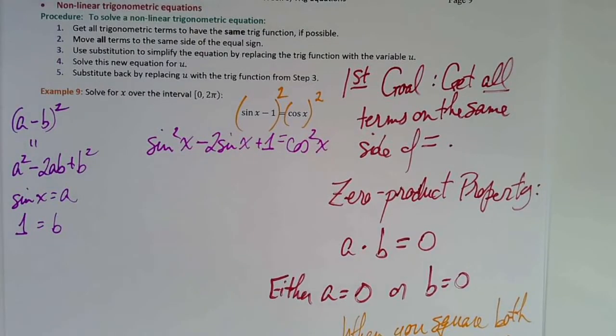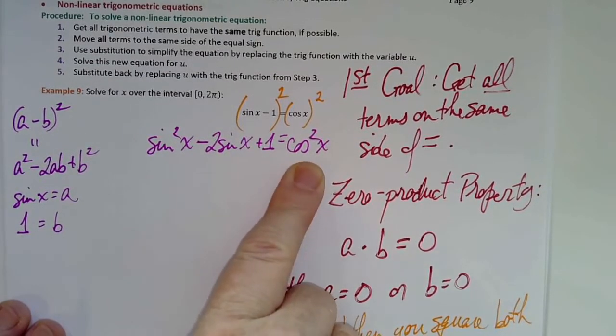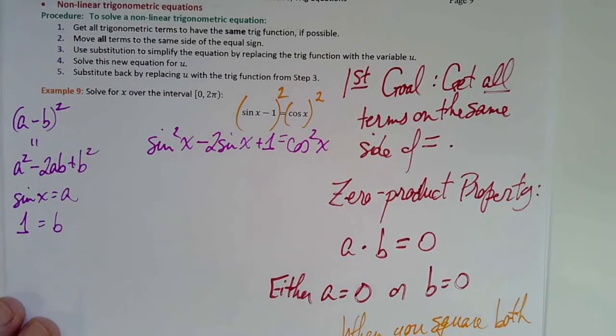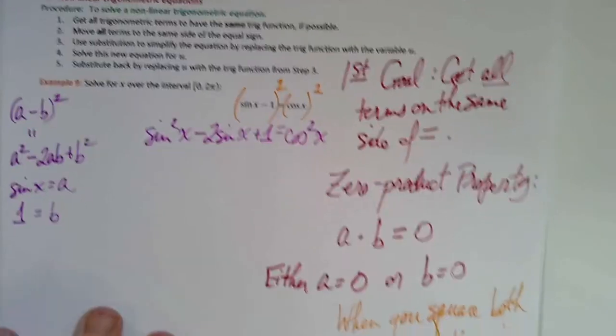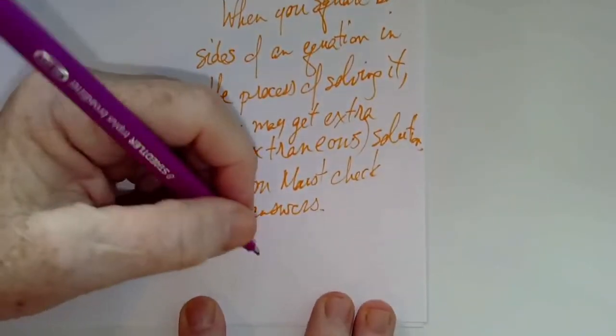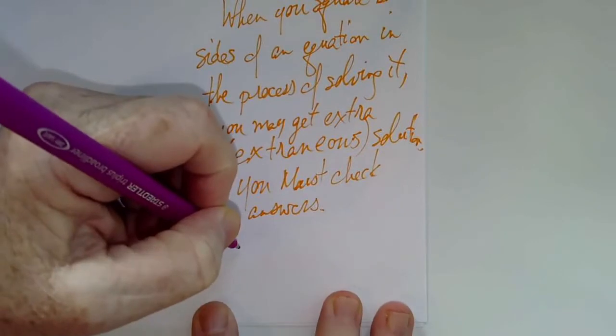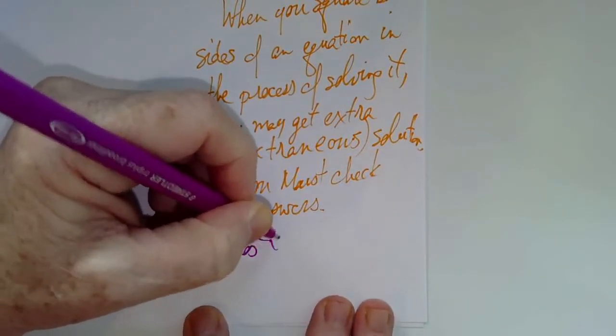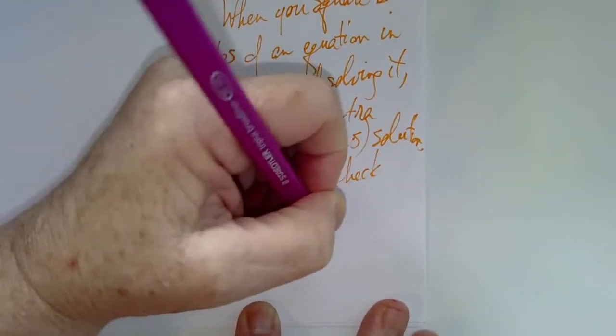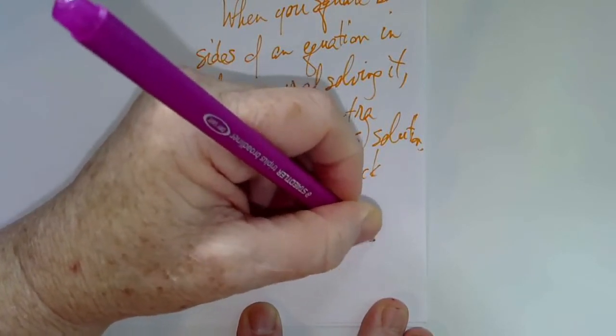Well, this is wonderful because I do know how to replace cosine squared x with something involving sine. So I'm going to use that wonderful Pythagorean identity. I'm going to use the version cosine squared x is equal to 1 minus sine squared x.